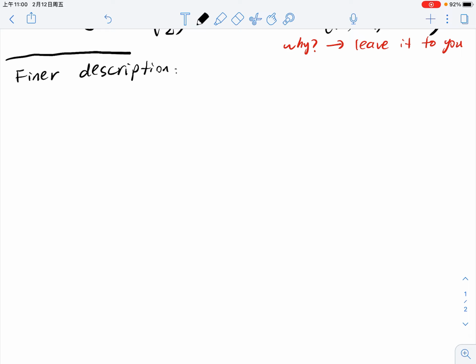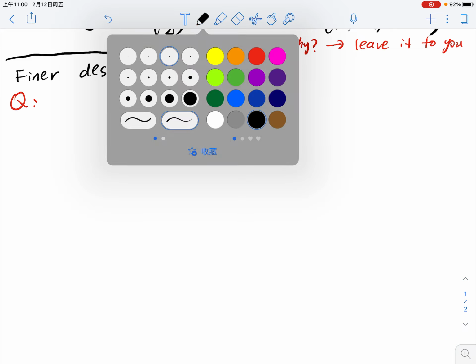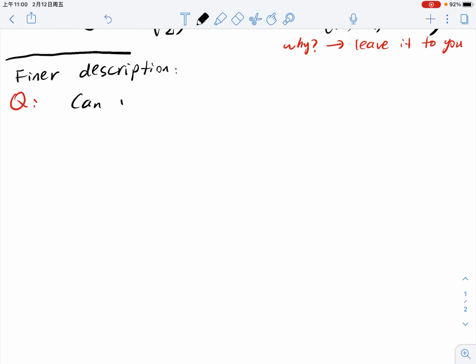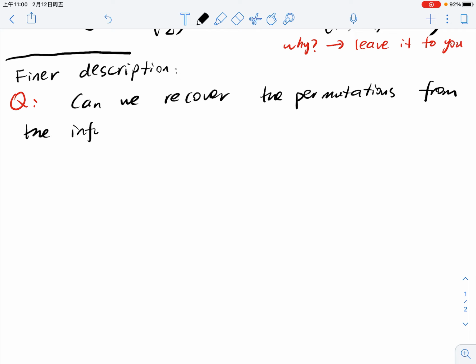But in fact, we have the following property. First, you can ask the following question: if you are brave enough, can we recover the permutation from the information of inversions?